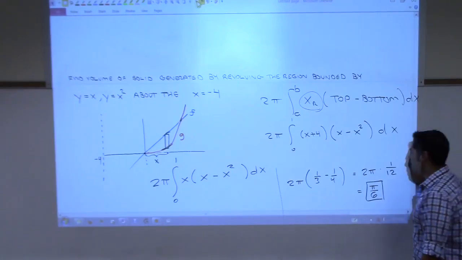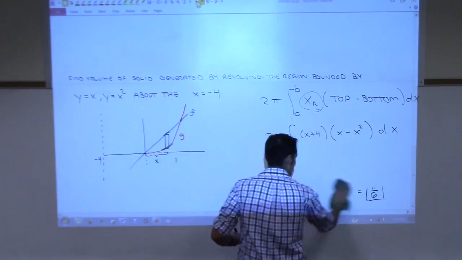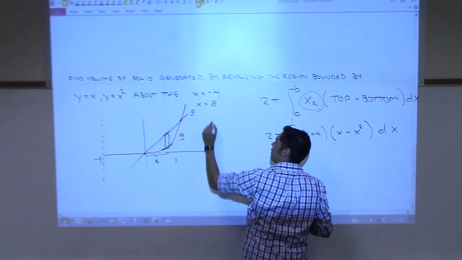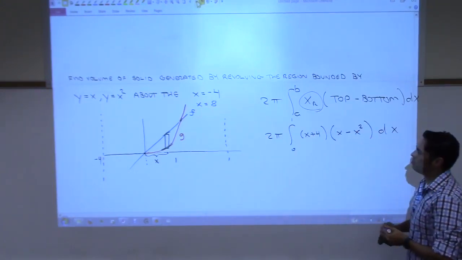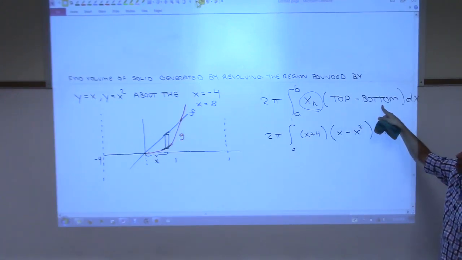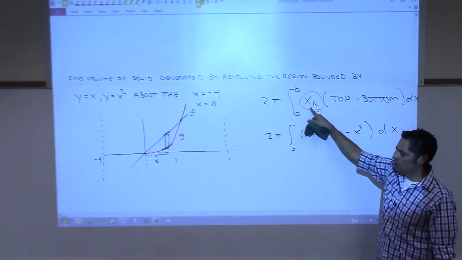What was the other one I did? I changed that to plus 8. So when I do, this is plus 8, that's on this side, right? So does your top change? No. Bottom? No. Only thing is your distance from your axis of rotation to your rectangle.